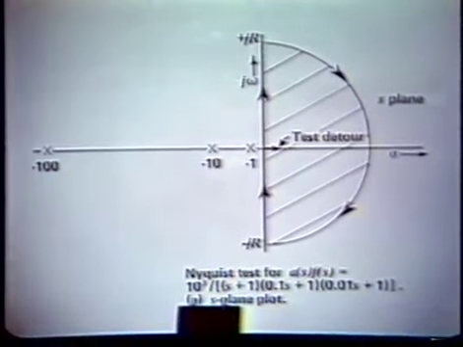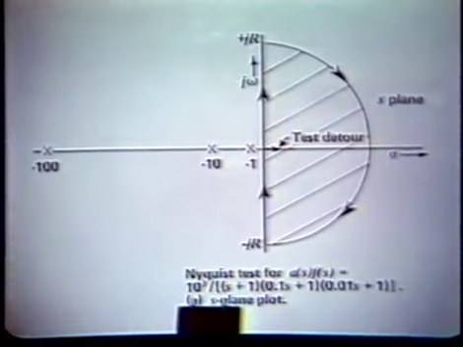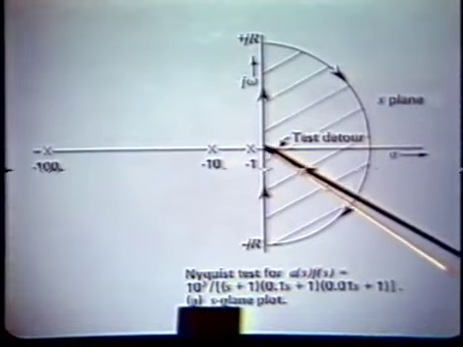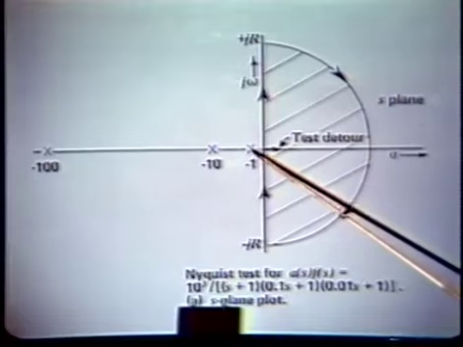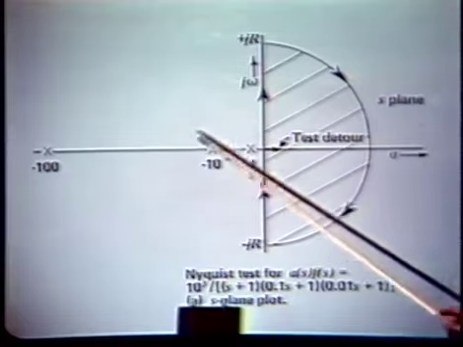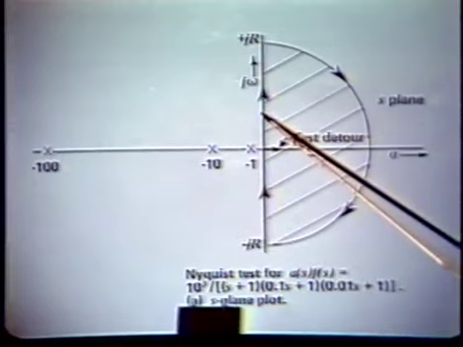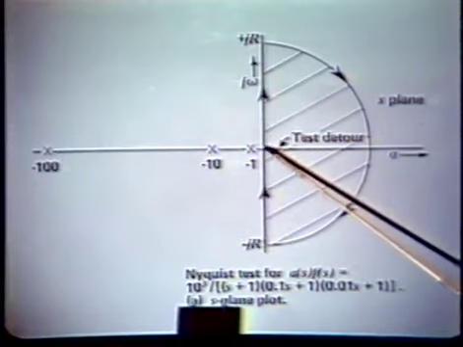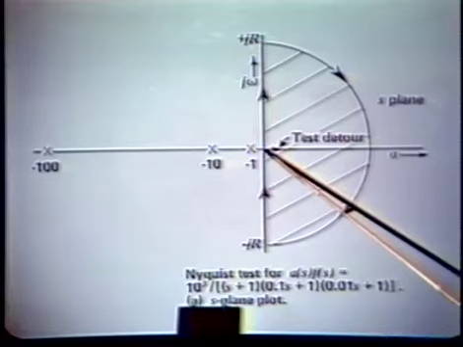And we can see at least quickly what's happening, the general nature of the plot in the AF plane, by considering vectors drawn from these three poles to some point on the imaginary axis. And we notice, of course, that this function would have a maximum magnitude at S equals 0.